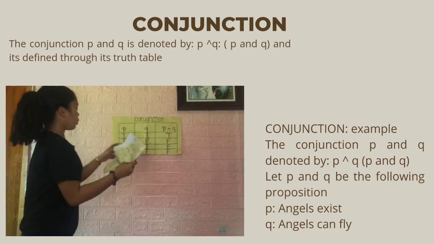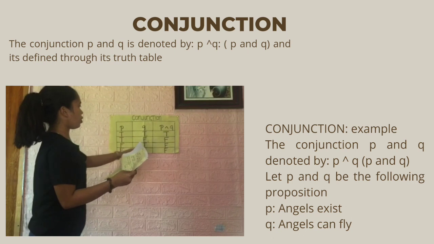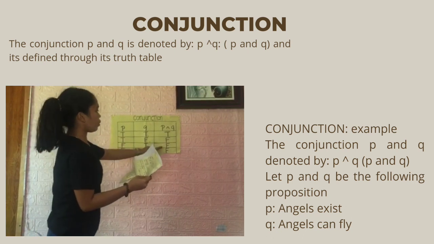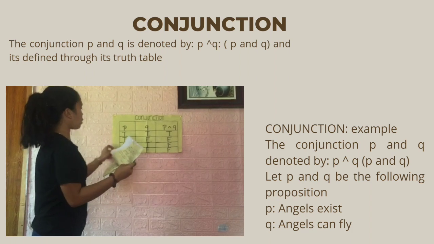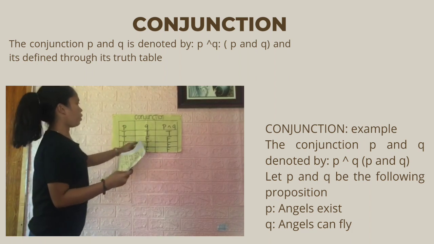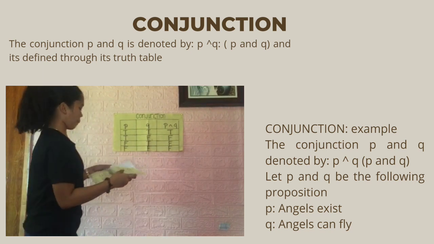If proposition P is false and Q is true, P and Q is false. If proposition P is false and Q is false, therefore P and Q is also false.